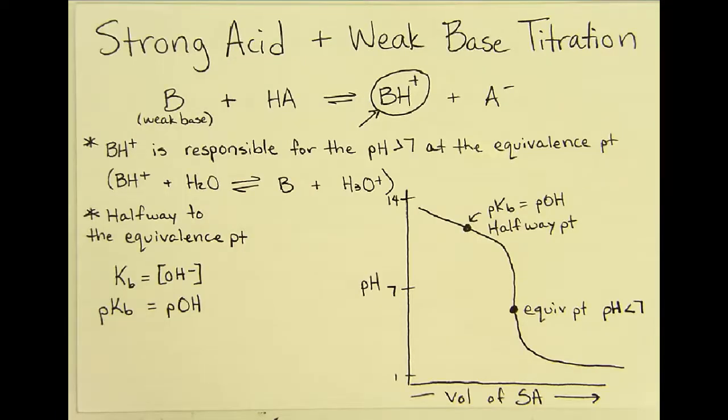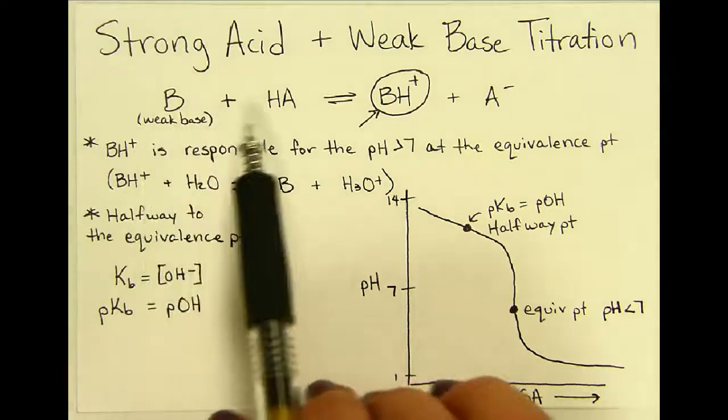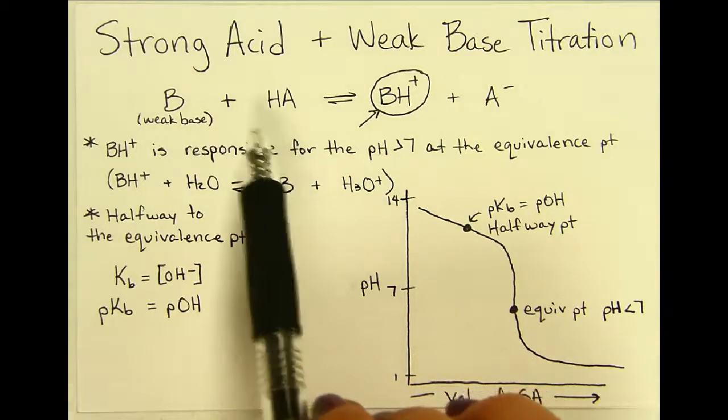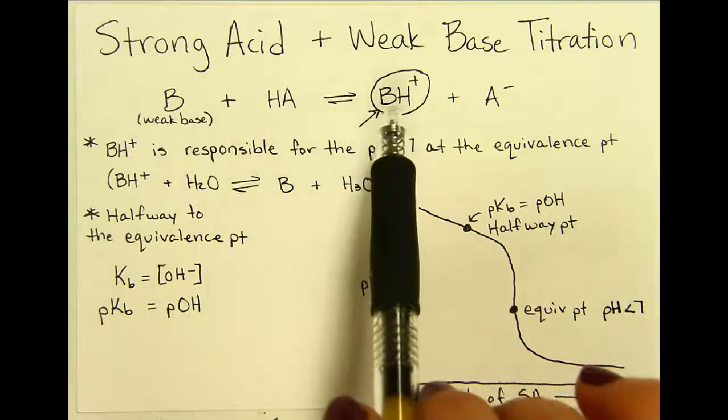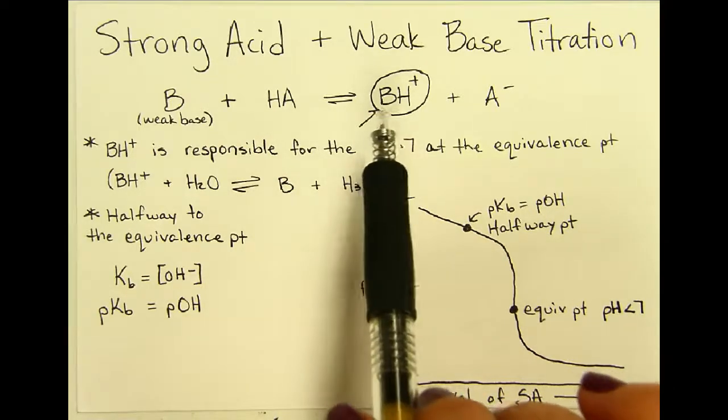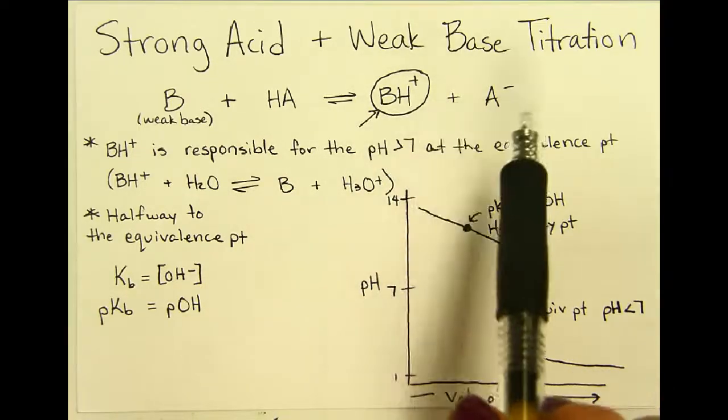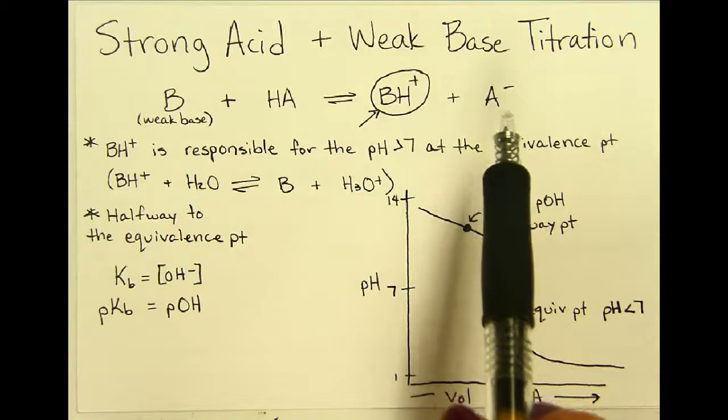For a strong acid and a weak base titration, we're going to have the weak base, B, plus the strong acid, HA, and the hydrogen is going to transfer over to the weak base, giving us this conjugate acid, BH+, and the neutral anion from the strong acid.